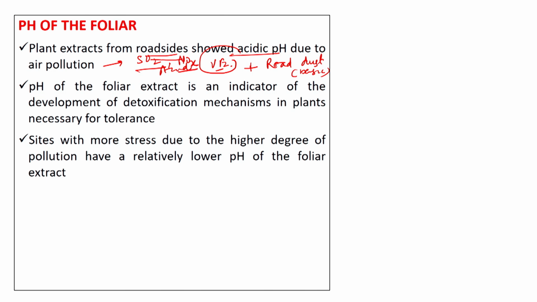So, plant extracts from the roadsides have been found to have a low pH, because they are acidic in nature, compared to those in the urban area away from the roadsides. Okay. The pH of the foliar extract is an indicator of the development of detoxification mechanisms in the plants, necessary for detoxification.